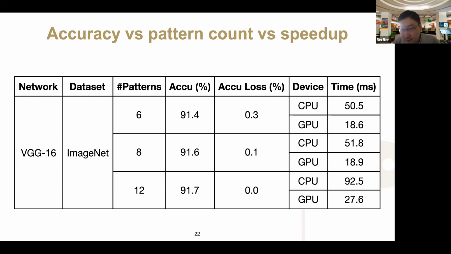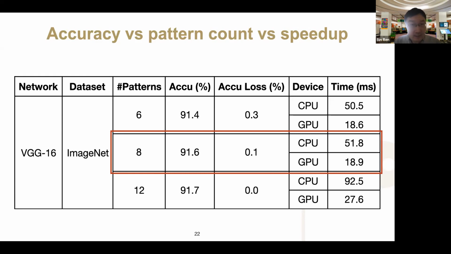However, we are going to sacrifice the execution latency. So this is a trade-off. In order to achieve good accuracy and also good execution performance, we need to select a proper number of patterns. For VGG16 in PyDNN, we select 8 patterns, and with these 8 patterns, we can achieve the best combination of accuracy and execution performance.